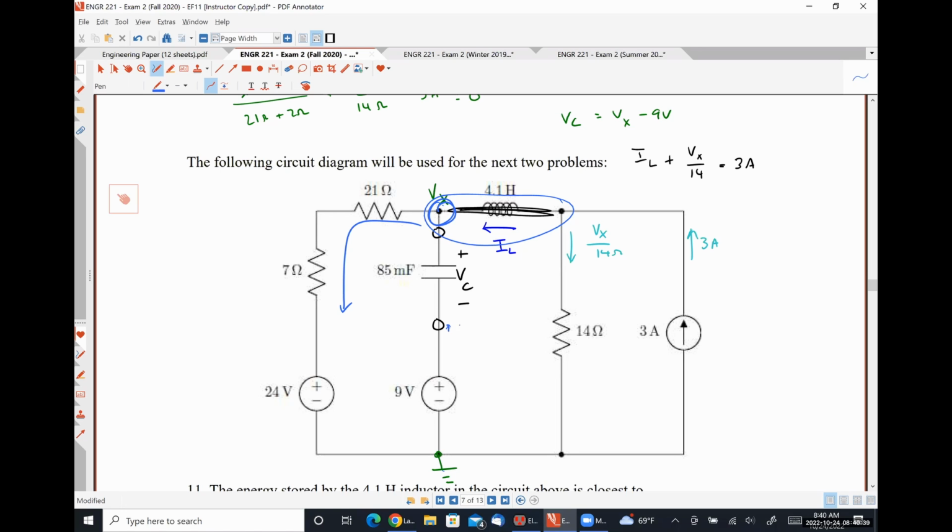So the voltage at this node is 9 volts with respect to ground. The voltage at this node is Vx with respect to ground. And then I'm just using basic nodal analysis as a way of writing a voltage drop.